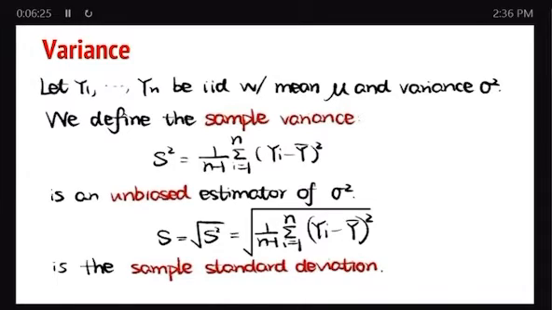Even if your parameter of interest is the mean, if you want to tell how reliable the sample mean is, of course, you need the variance. Now, if you want to compute the variance, we need a formula. So which formula are we going to use? I needed to take a look at this.